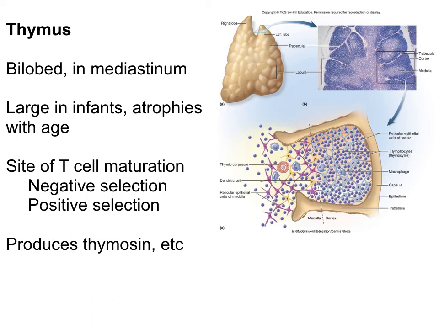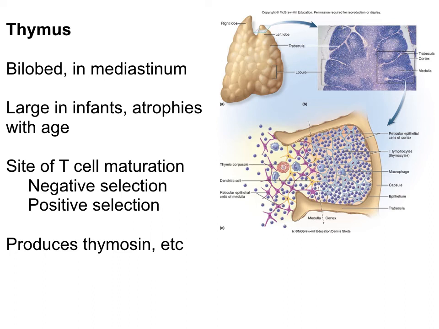Now, there are two ways you can fail. One way to fail is the T cell's inability to recognize your body's MHCs, major histocompatibility proteins. The MHCs are what you have on the surface of the antigen-presenting cells.